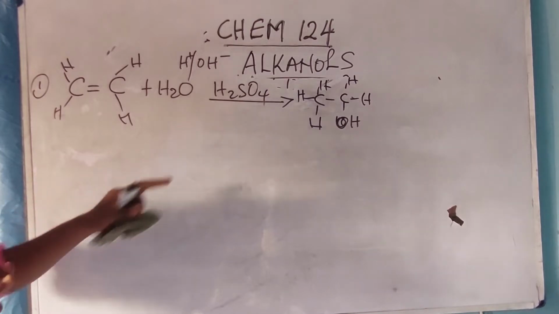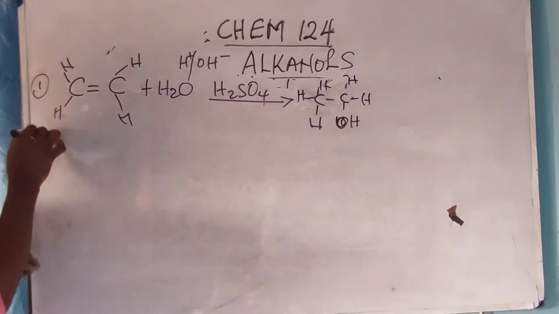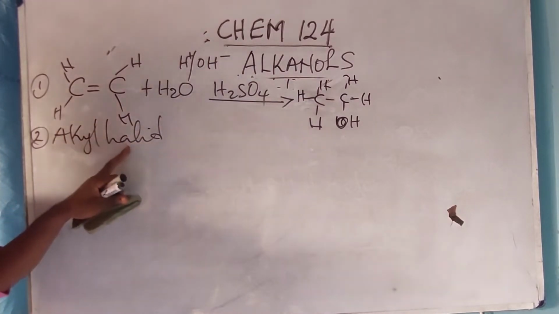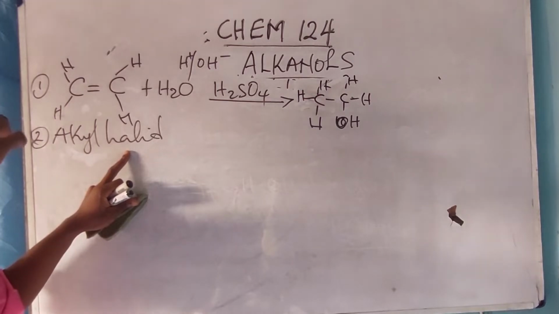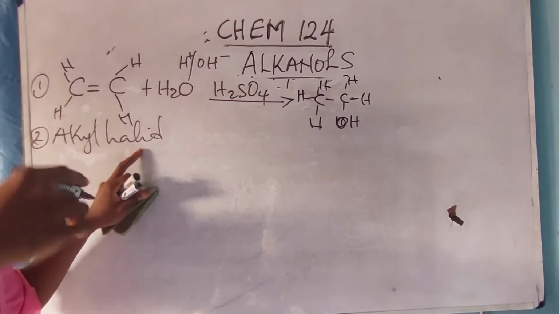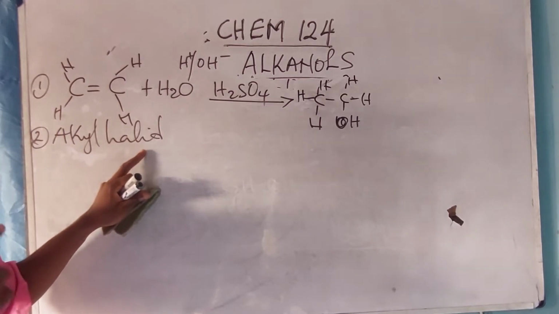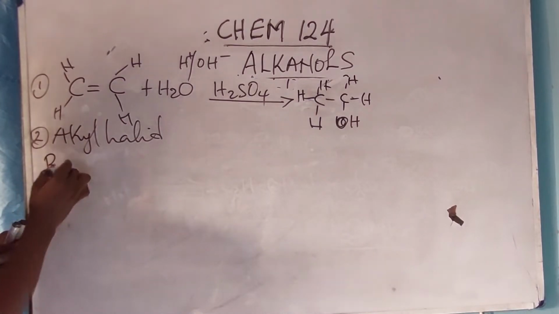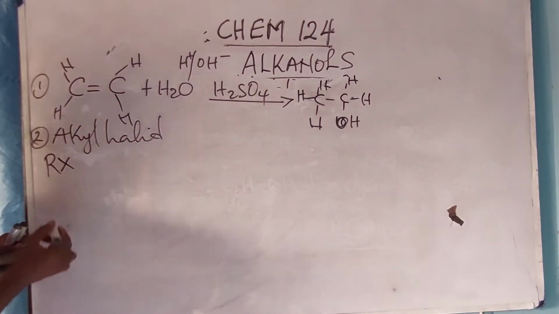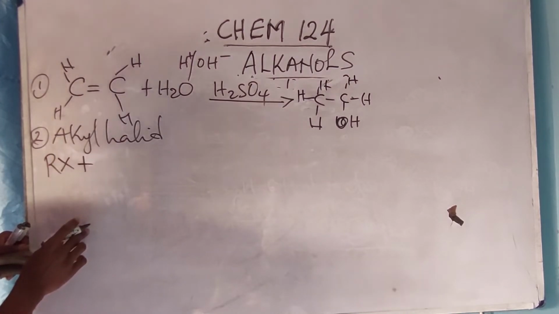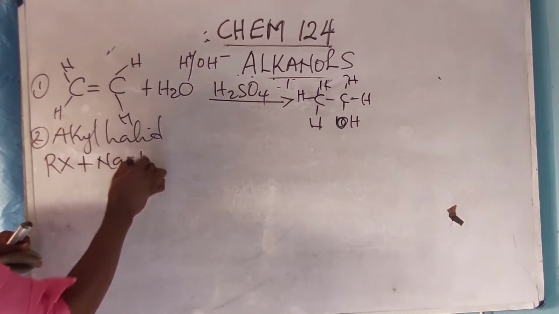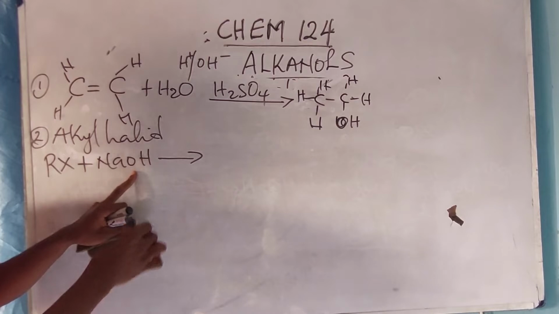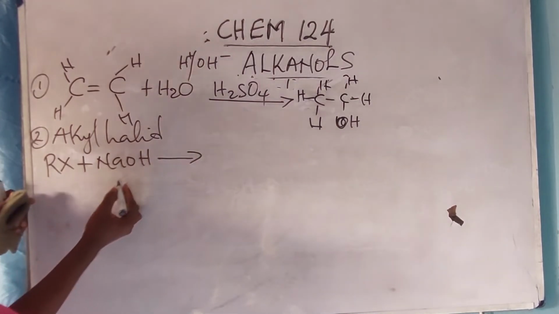Alcohol is also produced from ethyl halide. Now this halide could be a salt, it could be any element in group 7. It could be chlorine, bromine, fluorine, astatine, and what? Iodine. Ethyl is denoted using what? R. So the halide, I can use X. Now when an alkyl halide is reacted with a base or an alkali, it will produce the corresponding salt and alcohol.